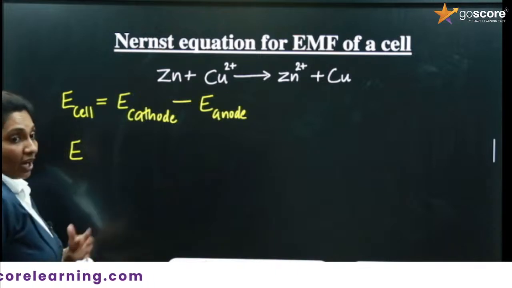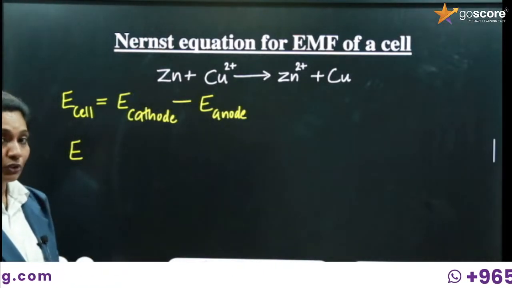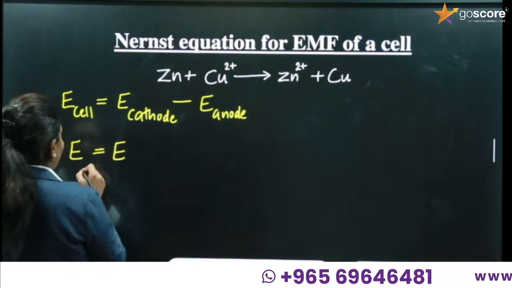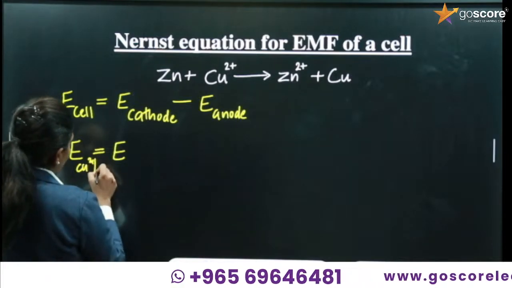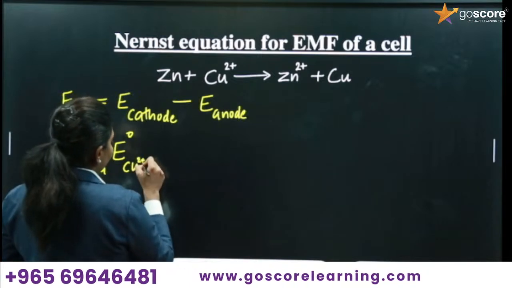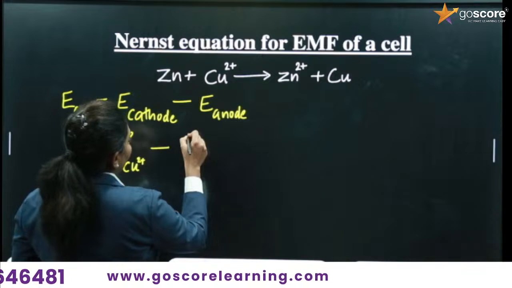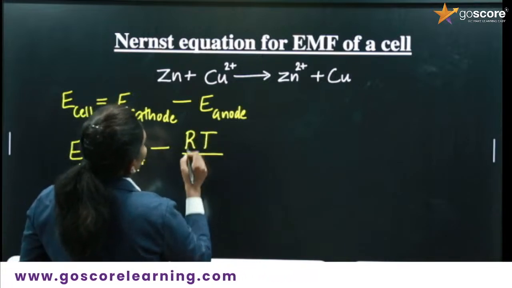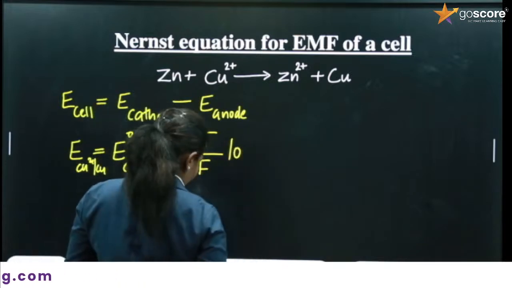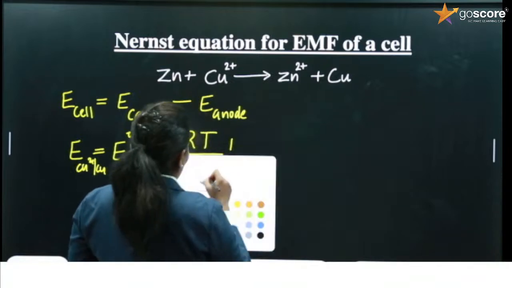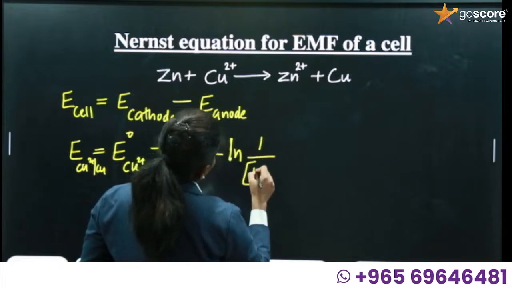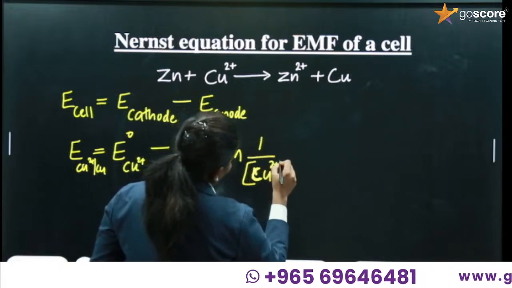How can we find the electrode potential of copper using the Nernst equation? What we learned now, for Cu2 plus slash Cu, it will be equal to E naught copper minus RT by 2F ln 1 by concentration of Cu2 plus, right?